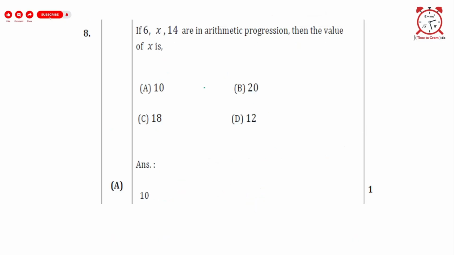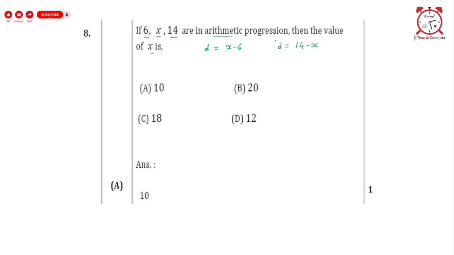Next question. If 6, x and 14 are in arithmetic progression, then the value of x is this. So let us try to find the difference between the consecutive terms. So d equal to x minus 6 and again d equal to, for the third and second term, 14 minus x.